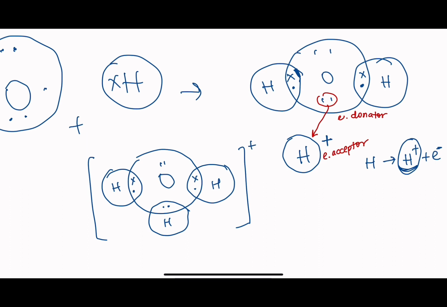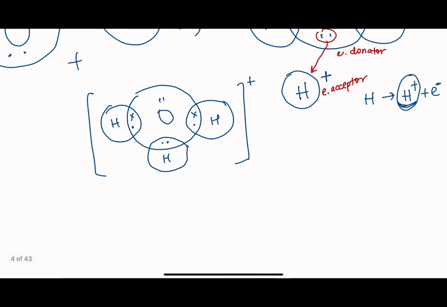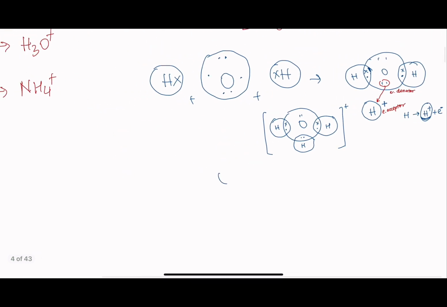And if you draw the shape with lines, it looks like this: the oxygen, this and this, and we got two electrons, positive charge, but this bond will be shown like this, meaning that oxygen donated two electrons. So this is a covalent bond, these two are covalent bonds, and this one is a coordinate covalent bond.